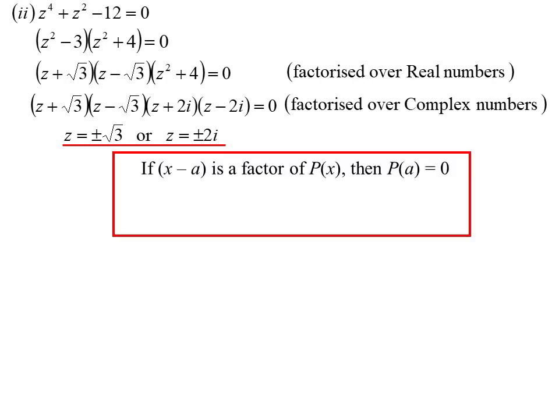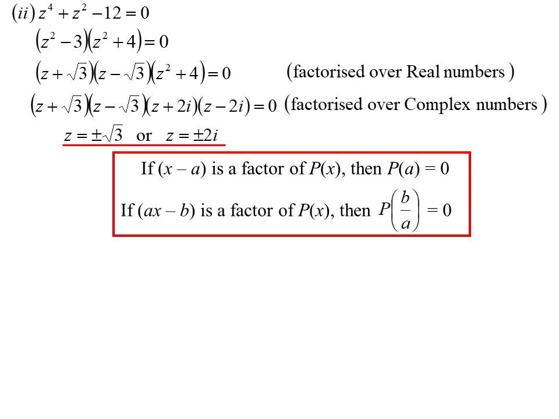You may recall our factor theorem. If x minus a is a factor of a polynomial, then we know we get 0 when we substitute it in. And that's true with complex numbers as well. If it's x minus some complex number, when we substitute that complex number in, we should get an answer of 0.